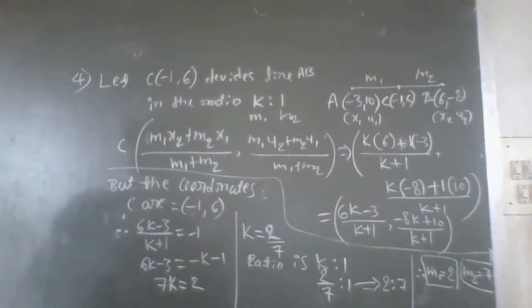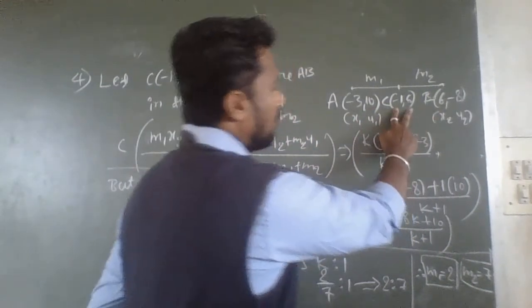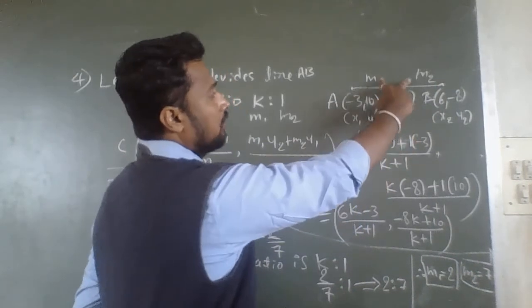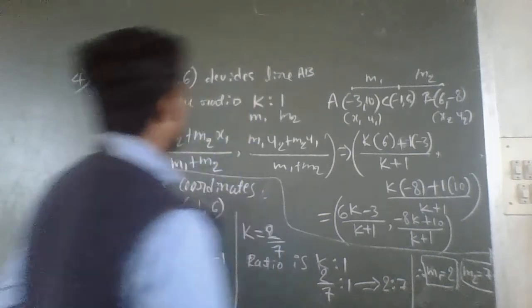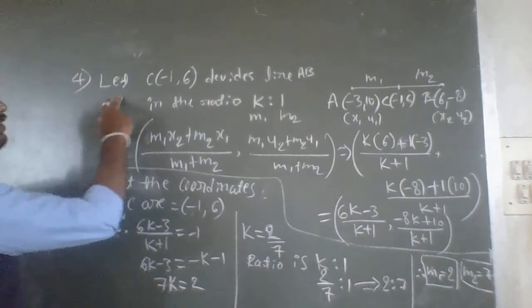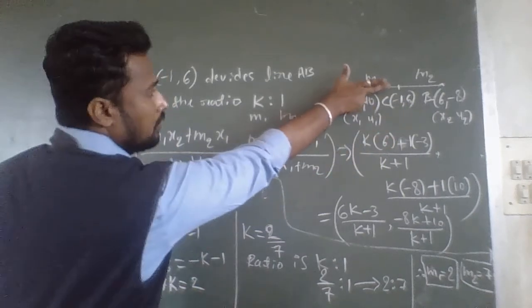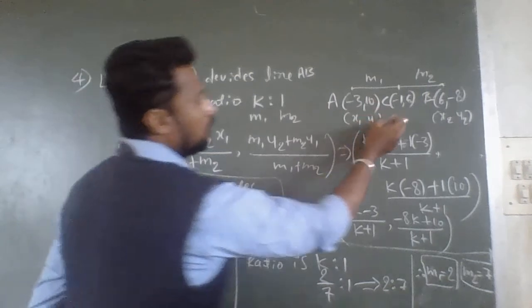Listen carefully to what they have given here. This line AB is divided by the coordinate minus 1 comma 6. So we have to find this ratio, meaning m1 and m2. So for this we assume that this point C of minus 1 comma 6 divides this line AB in the ratio k is to 1.